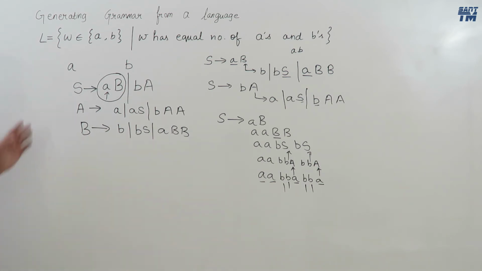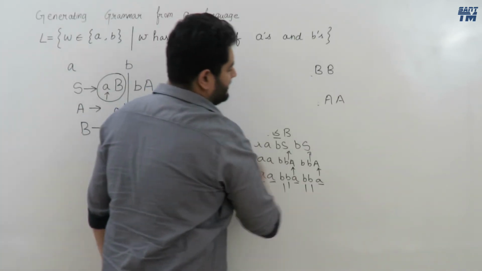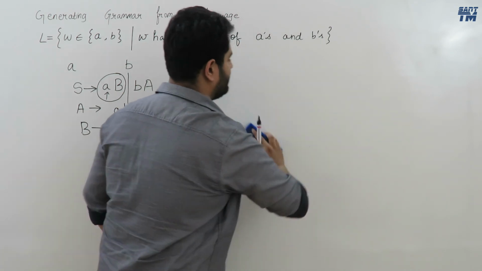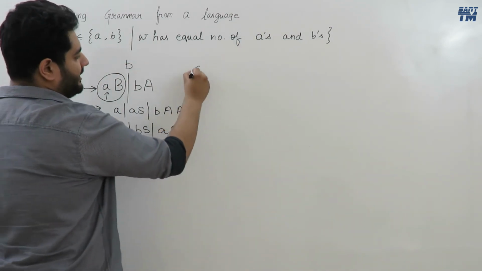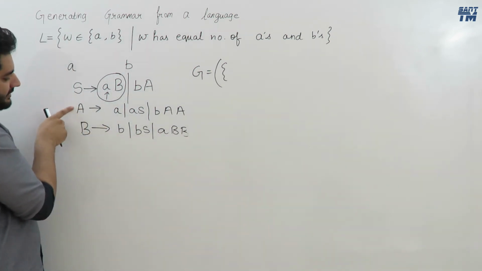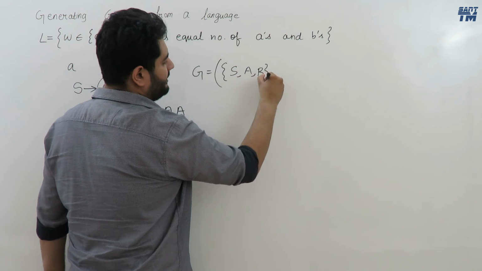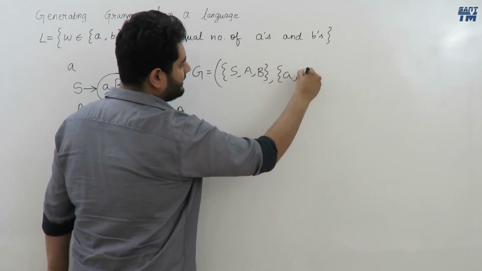So finally we write these productions in the form of grammar, as we have to generate the grammar for the language. So the grammar is of the form N, T, S, P. Non-terminals are S, A, B. Terminals are small a and small b only.